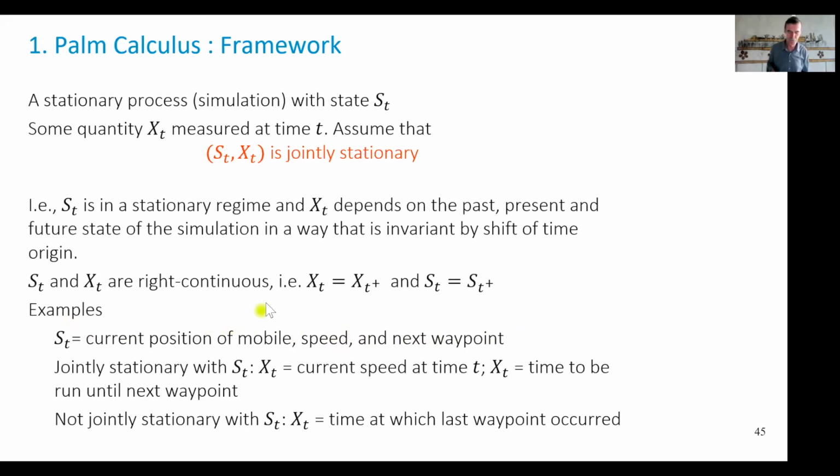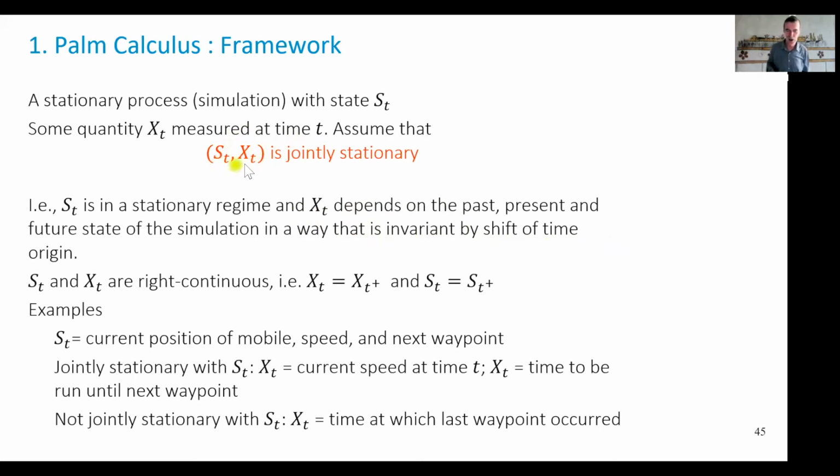etc. Now, the Palm calculus framework applies to a measurement that is jointly stationary with the simulation state. Jointly stationary means that it does not change if we change the time origin. Remember, the simulation is stationary. So if I observe the simulation 10 years later, theoretically, assuming it can survive 10 years, then I should see statistically no difference.